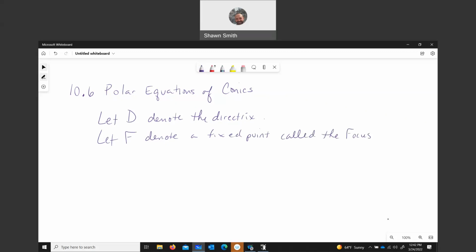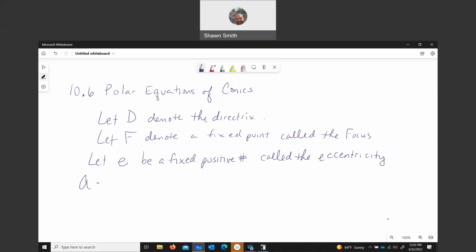So with that directrix and focus, we can put a string in and make the picture of either one type of conic, right? And then we're going to let little e be a fixed positive number called the eccentricity. The ratio of the distance from F to P to the distance from D to P. Okay, so some point on the plane.